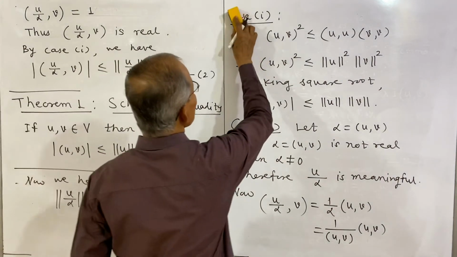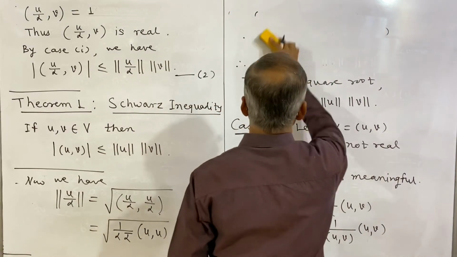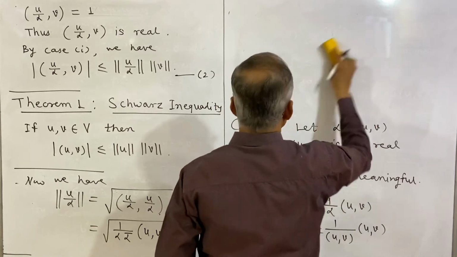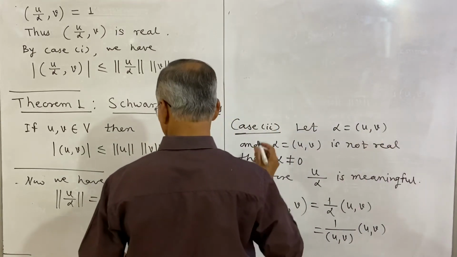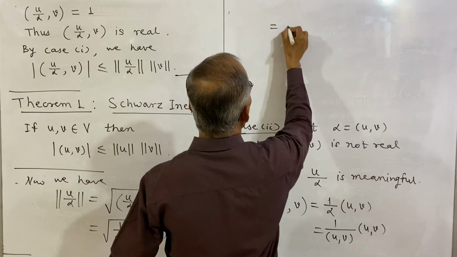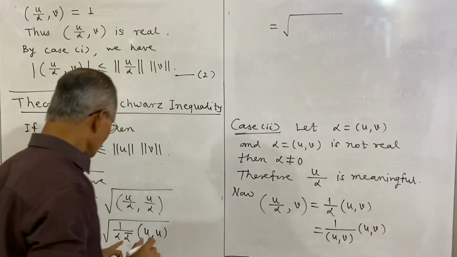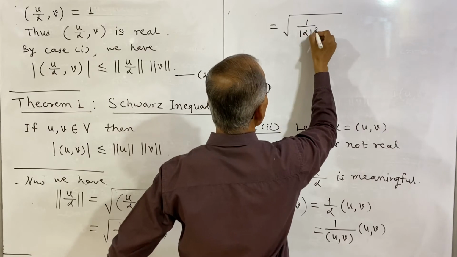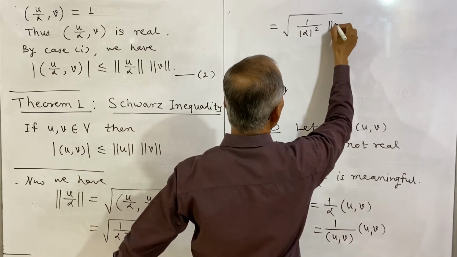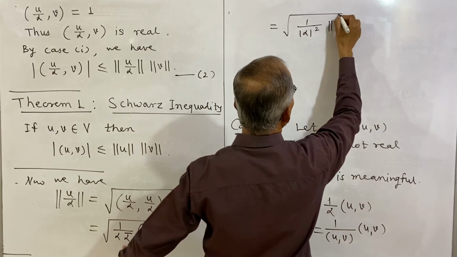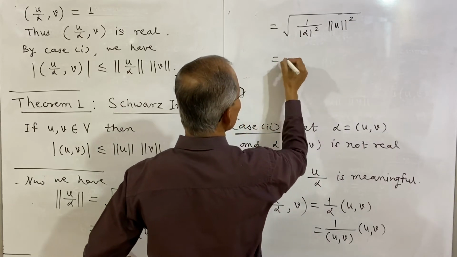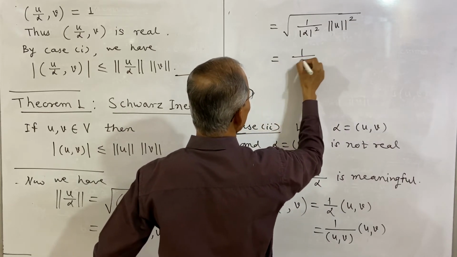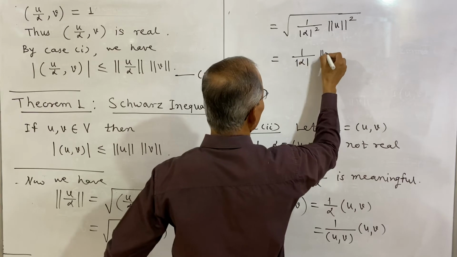So this is the square root of 1 upon mod alpha square, and the inner product of u with u is norm u square. Taking the square root, we get 1 upon mod alpha into norm u.